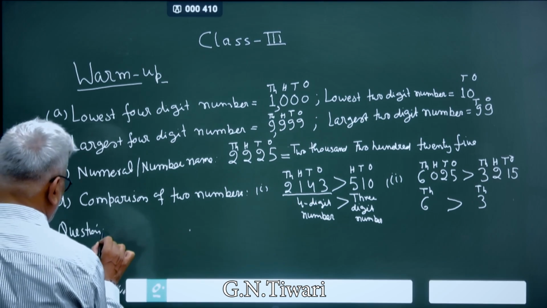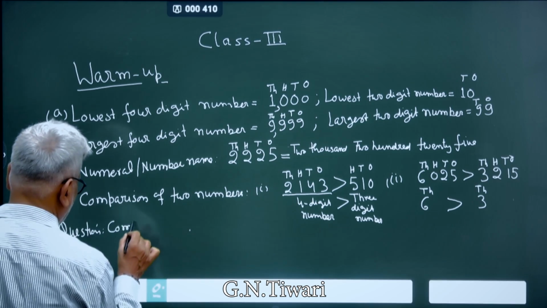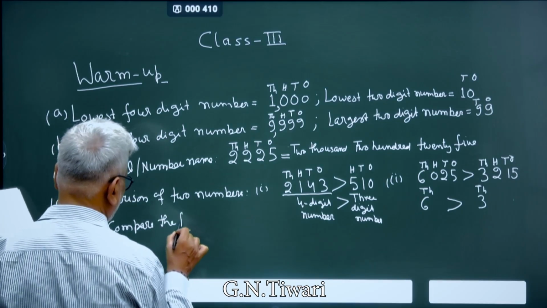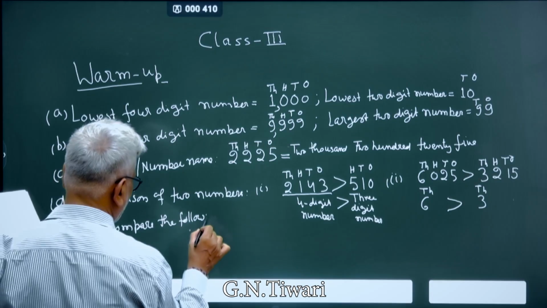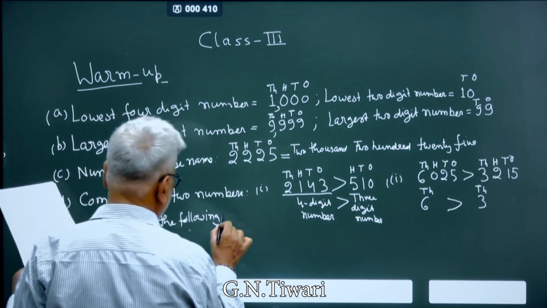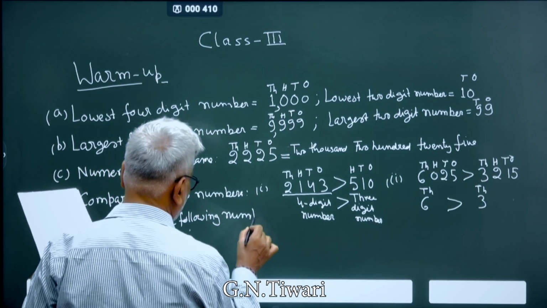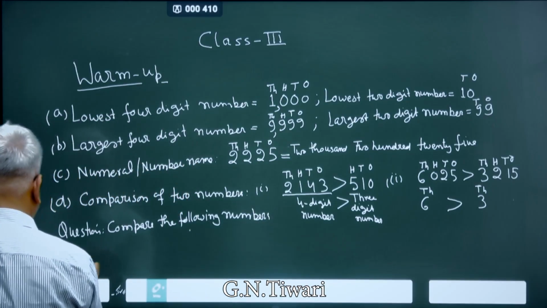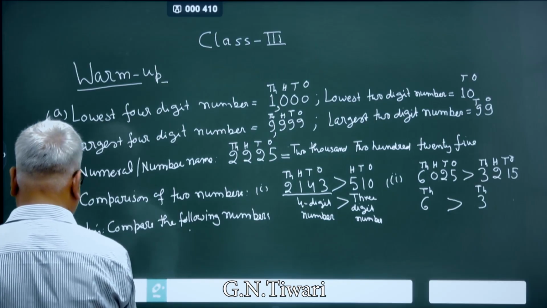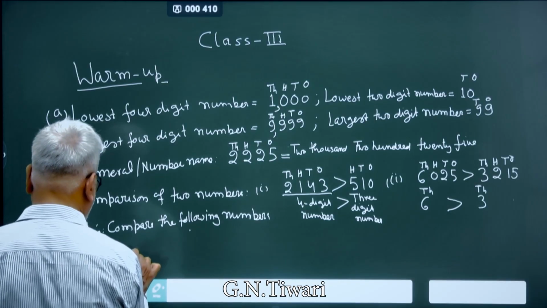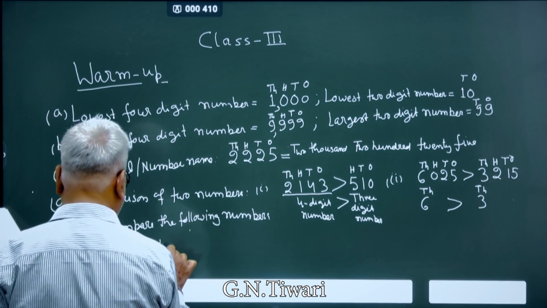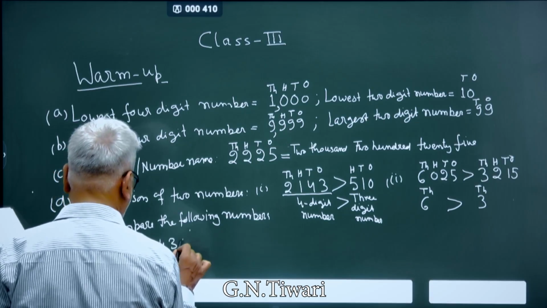Question: compare the following numbers. 1: I am giving 2 numbers, 2543 and 2435.